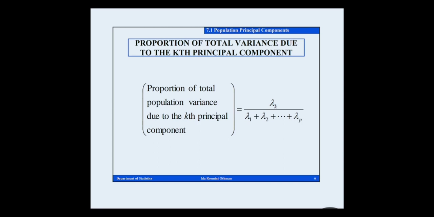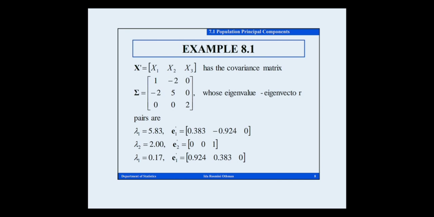So bila you punya proportion you tinggi, bila you calculate kan, we can say that these components yang you check tadi sama ada first principal component ke, second ke, third ke, can replace the original p variables. So untuk kita nak explain, kita boleh gunakan this principal component untuk replace the variables of x1 or x2 or x3. Let's see the example from example 8.1, example yang sama tadi dekat page 435.